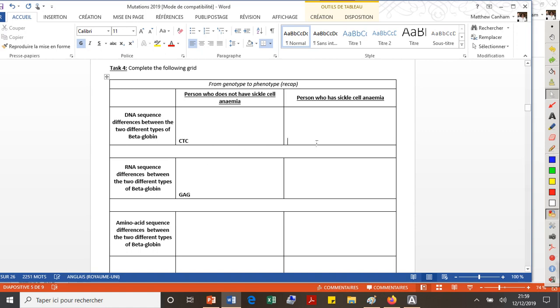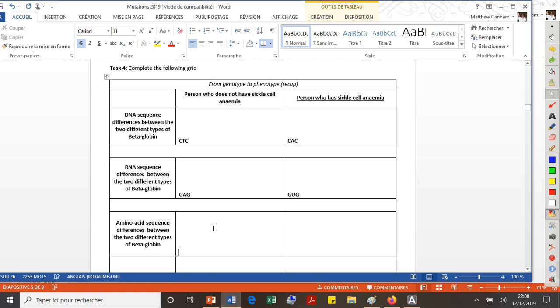We saw that for the person who has sickle cell anemia, it's CAC, and therefore it's going to be GUG.